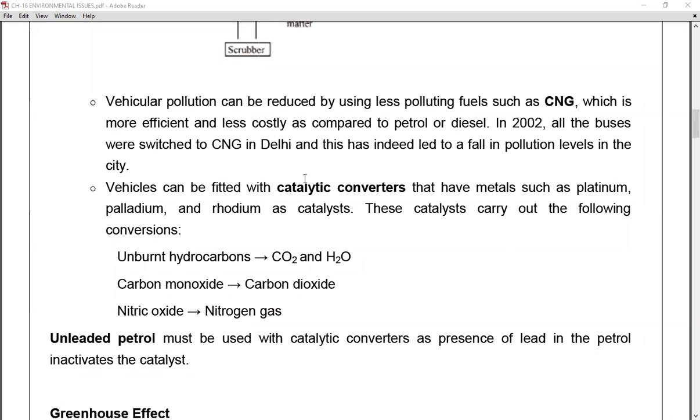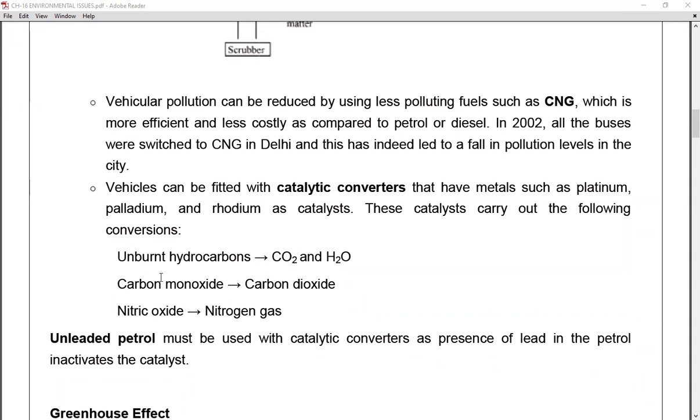Next, vehicles can be fitted with catalytic converters that have metals such as platinum, palladium, or rhodium as catalysts. These catalysts carry out the following conversions. The unburnt hydrocarbons are converted to carbon dioxide and water.